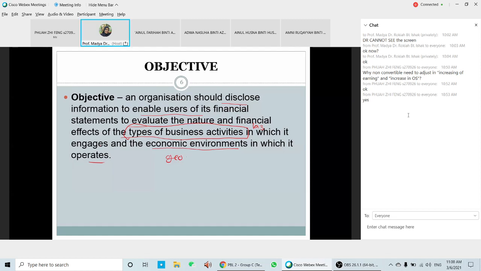For example, somebody may have a plantation in Indonesia, so they need to provide information about that business segment, the plantation, and also based on the geographical, Indonesia. So you need to provide both the business segment and the environmental, which is the geographical segment.